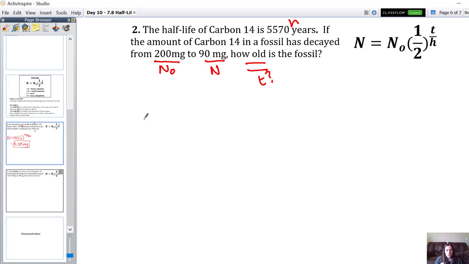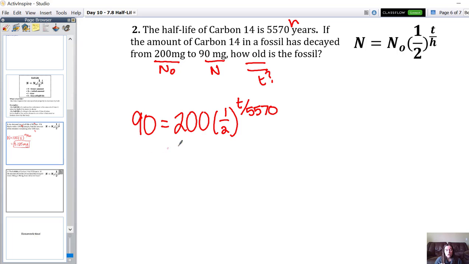So substituting what I know, 90 for N equals 200 for N sub 0 times 1/2 to the power of T over 5,570. We're solving for something that's in our exponent. I'm going to start by dividing 200.